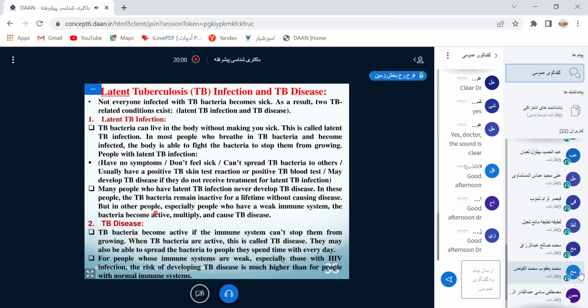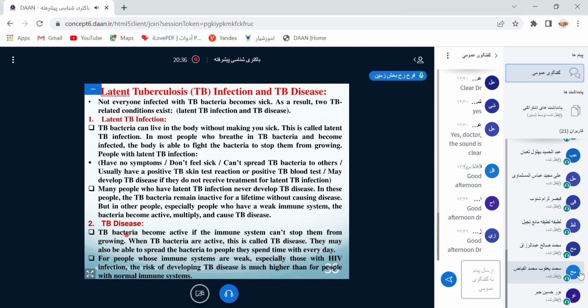But in other people, especially people who have a weak immune system, the bacteria become active, multiplying, and cause tuberculous disease or tuberculosis. So till this part, you should understand what is the difference between latent infection and active infection.